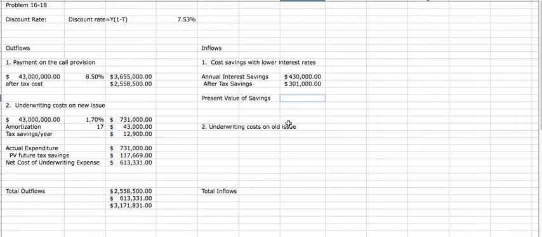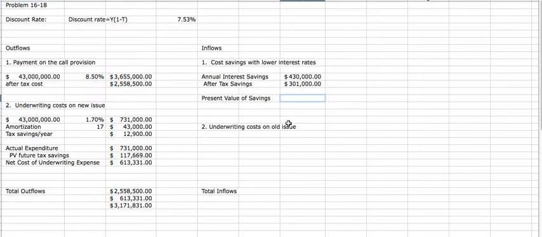We're still using our discount rate of 8%. The first thing that we have is 17 years of savings, so 17 will be N, 17N. And then the discount rate of 8 is what we're using for IY, so 8 and then IY.